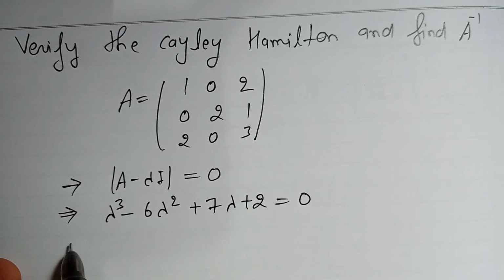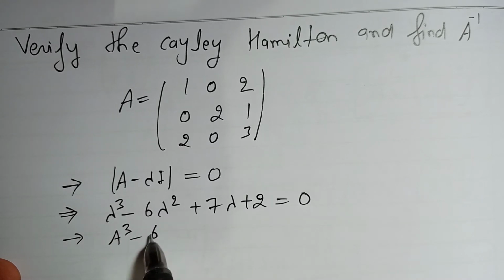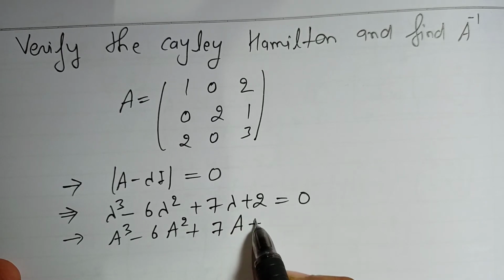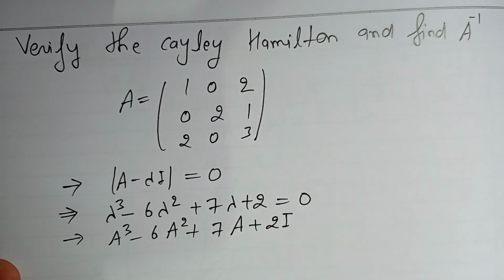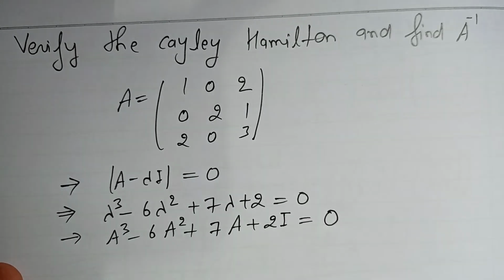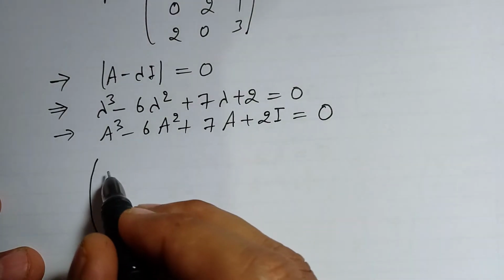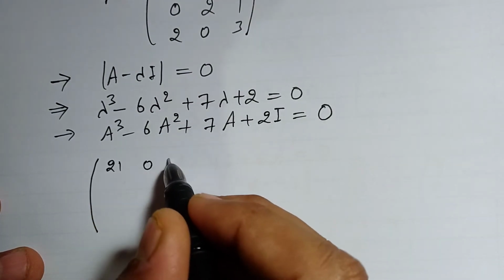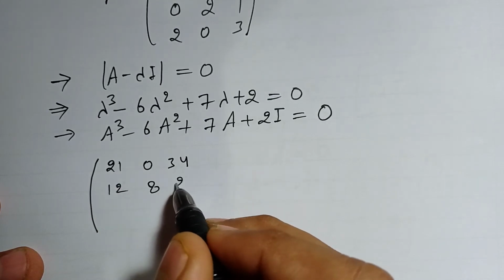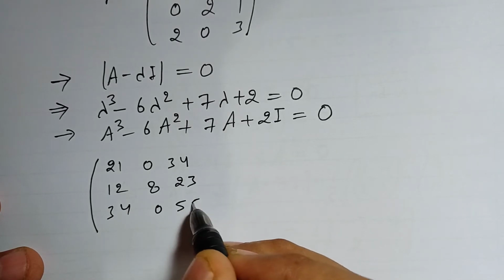Now by Cayley-Hamilton theorem, A cube minus 6A square plus 7A plus 2I will be the 0 matrix. So it should be the 0 matrix. We can see your A cube will be 21 0 34, 12 8 23, 34 0 55.